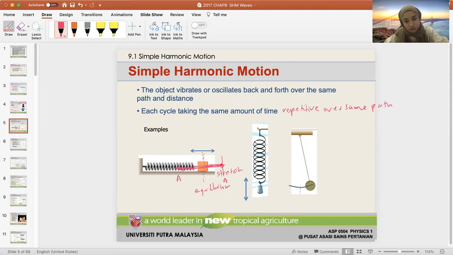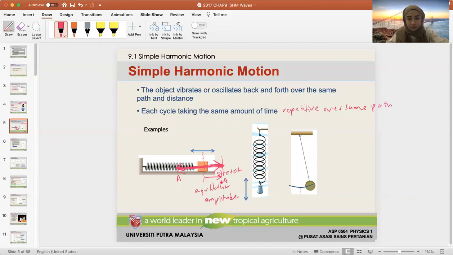Then it goes here, then it goes here, and then it goes here. So that is the oscillation. It oscillates back and forth. Okay, assuming that it is in an ideal situation. So this oscillation will not decrease in amplitude or will not decrease in the displacement. So here, the displacement from the equilibrium is called amplitude.